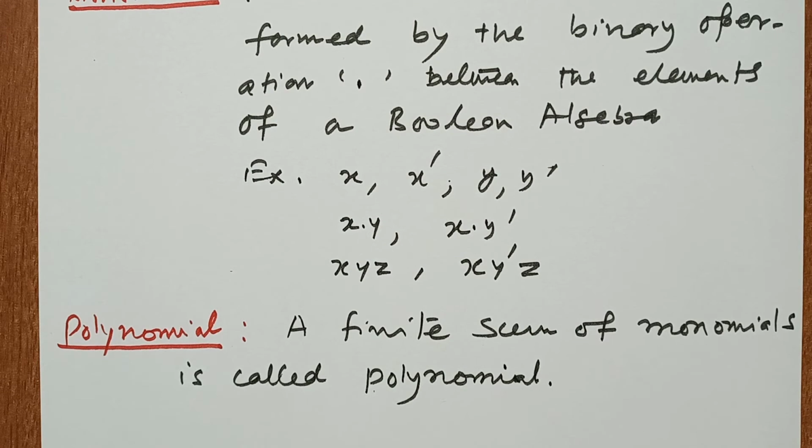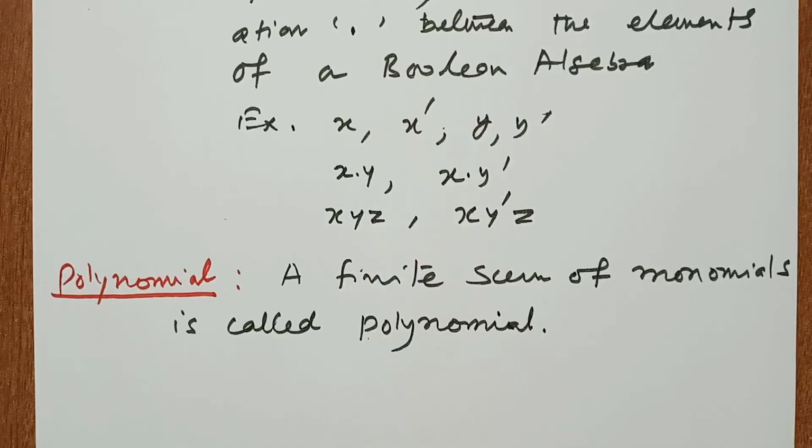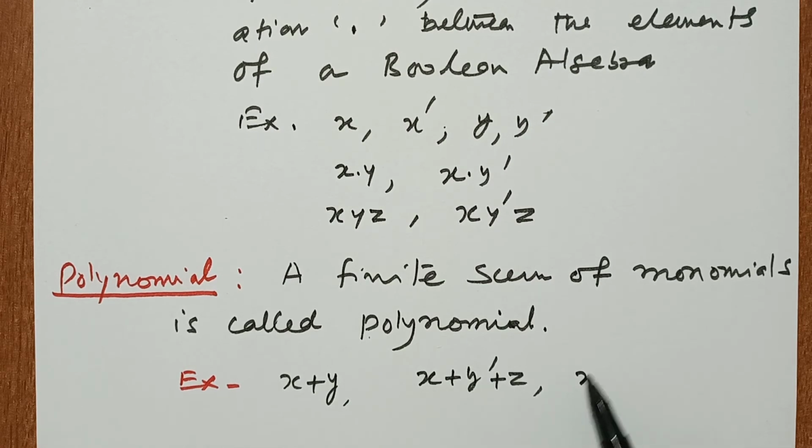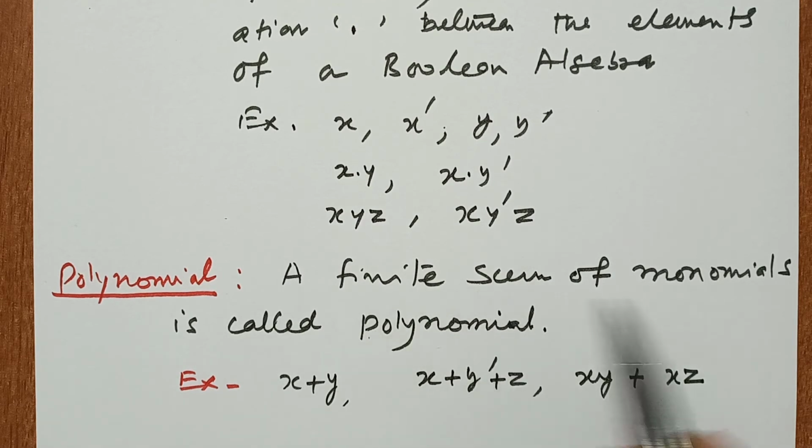For example, x plus y, or x plus y dash plus z, or x y plus x z. So this is a sum, this is a sum. A finite sum of monomials is called a polynomial.